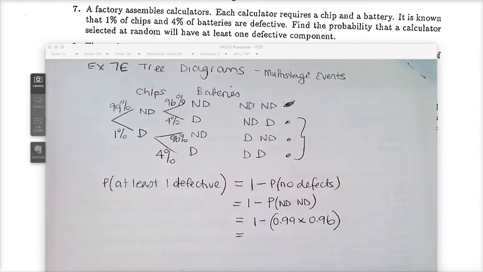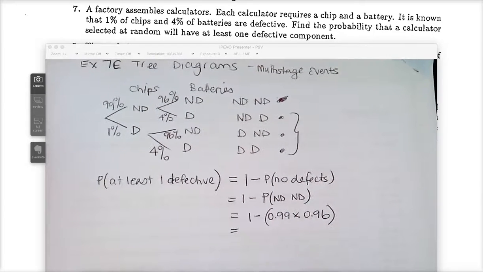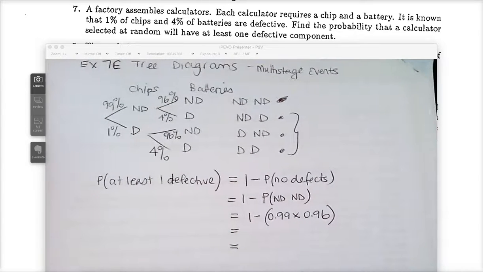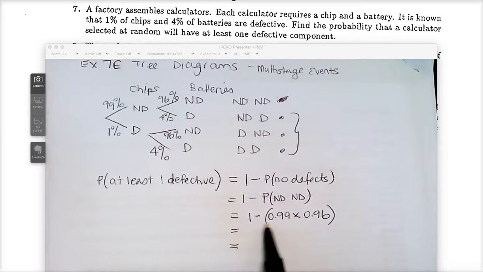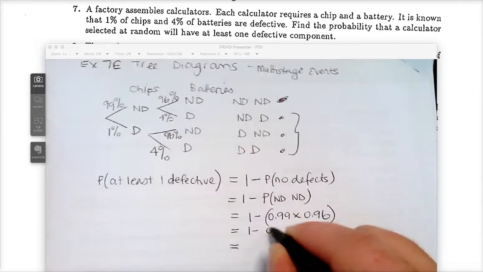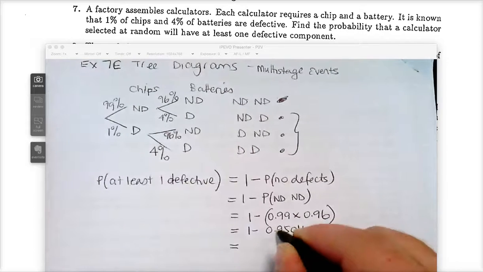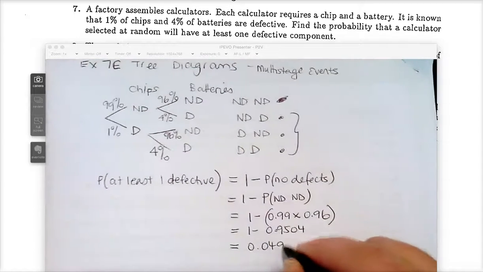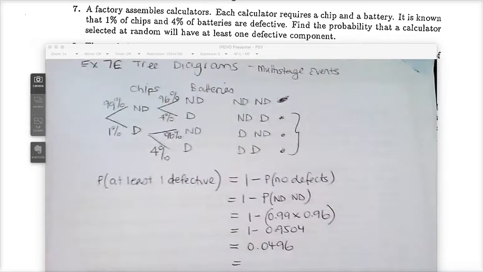You should give your answer as a percentage, because the question's probabilities are given as percentages. What's 0.99 times 0.96? So 1 minus 0.9504, which is 0.0496, which is what percent?